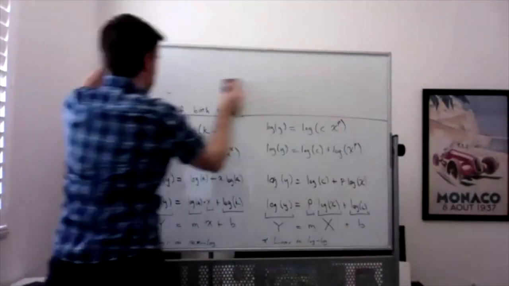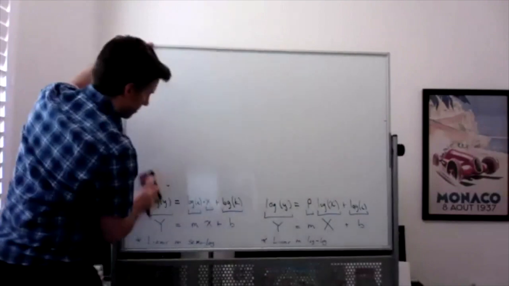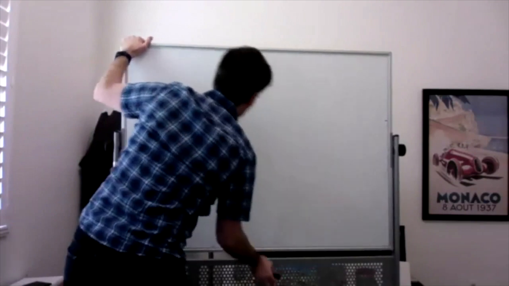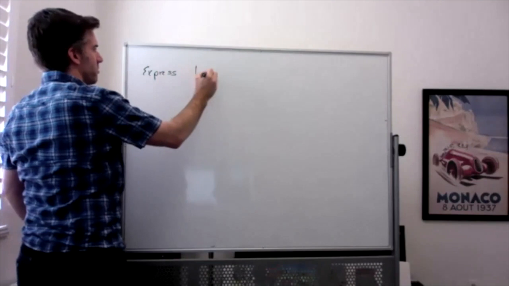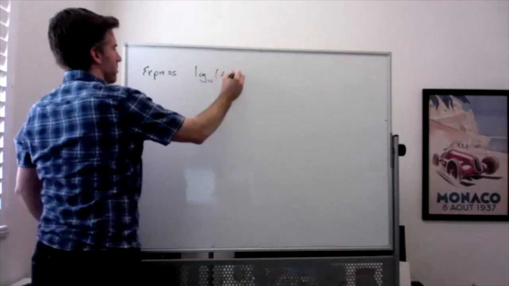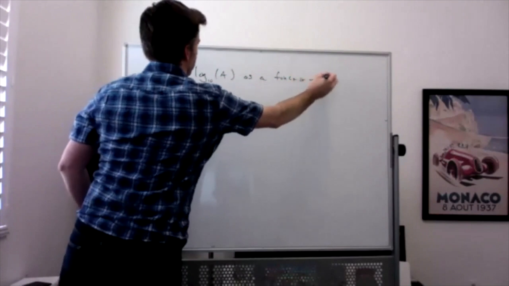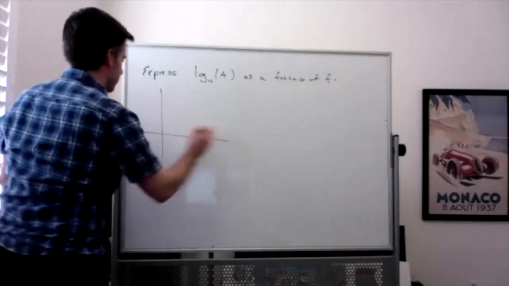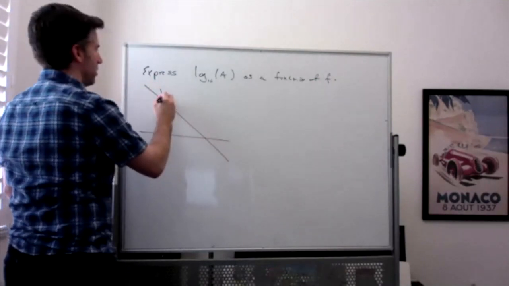I kind of found one. It's like: express log base 10 of a as a function of t, and then it's on a semi-log plot, and on the y-axis it gives like 10 to the third, etc. And so it crosses at 10 to the third, and then at the x-axis it crosses at, say, 40.